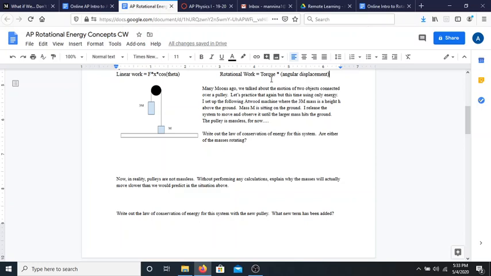So the 3m is sitting in the air, the m is on the ground. And then write it for the very end, literally at the instant the 3m reaches the ground, the m1 is now in the air and they are moving. So take as much time as you need, write out the law of conservation of energy real quick, and then we'll talk about it.